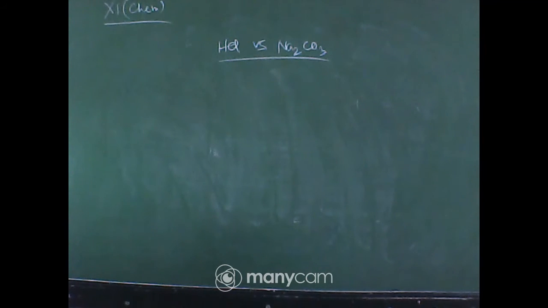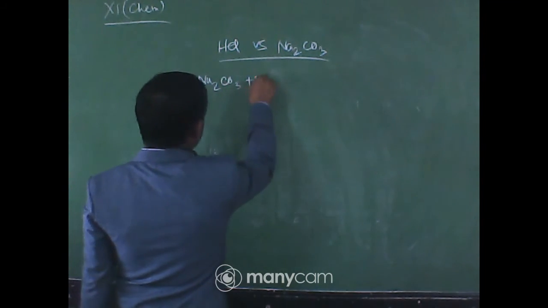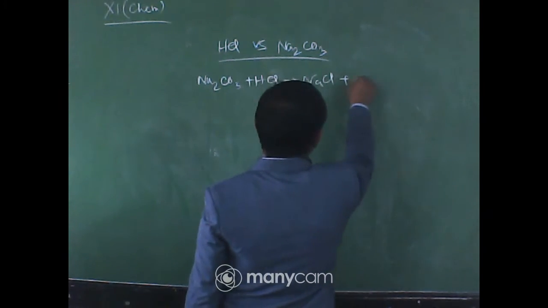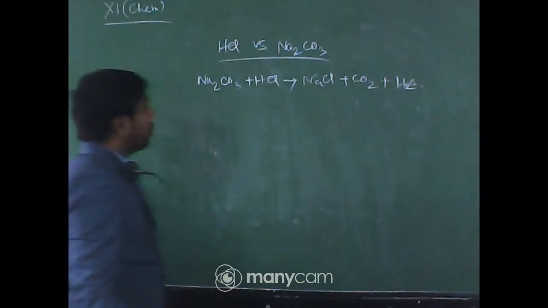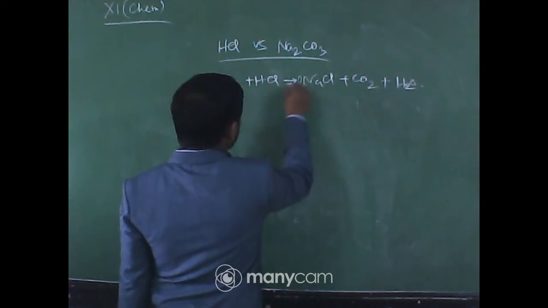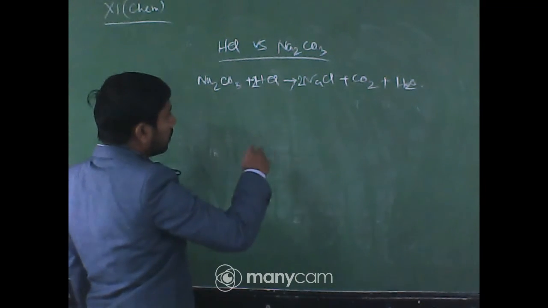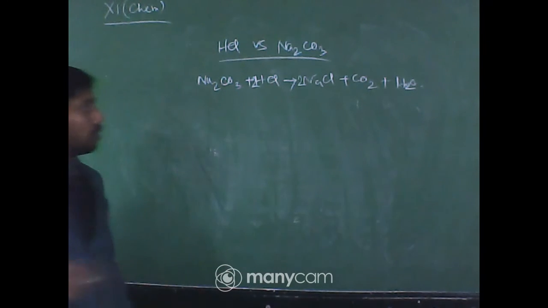In sodium carbonate versus HCl, the reaction is Na2CO3 plus HCl gives NaCl plus CO2 plus H2O. We have to balance it: Na2CO3 plus 2 HCl gives 2 NaCl plus CO2 plus H2O.